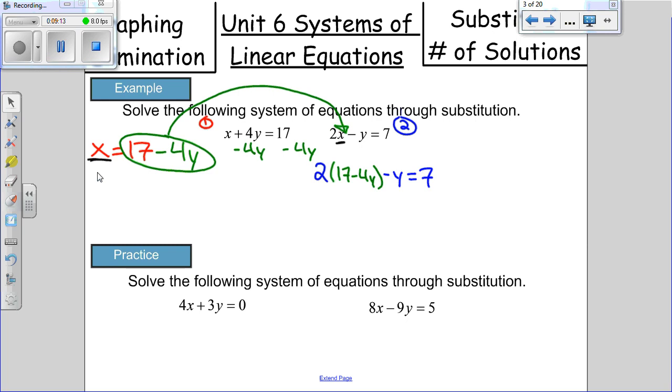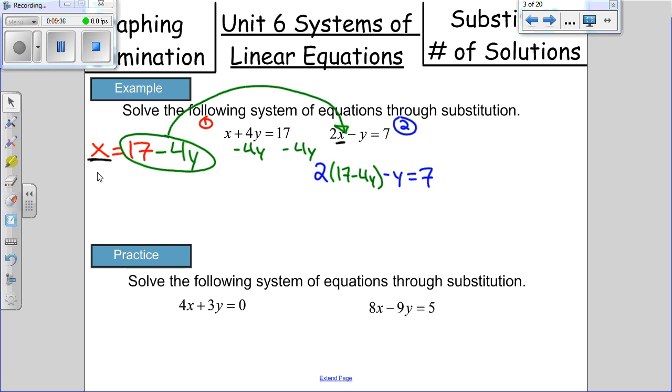The reason I did that is if you look at equation 2 now, you'll notice there's no x's in this equation. Anytime there's no x's in your life, it's a good thing. That's good, right? Thanks, Jason. Appreciate it. There's no x's in there, which means I could figure out what y equals. It's the only variable left over.